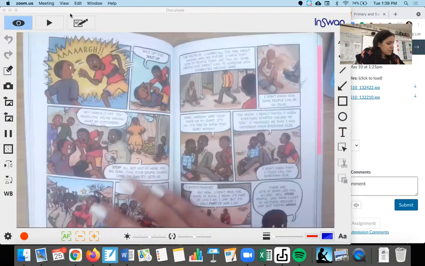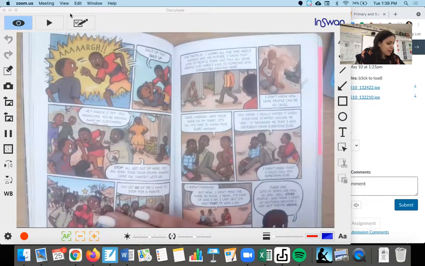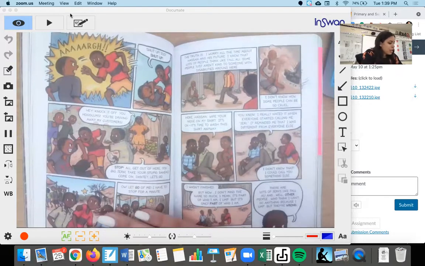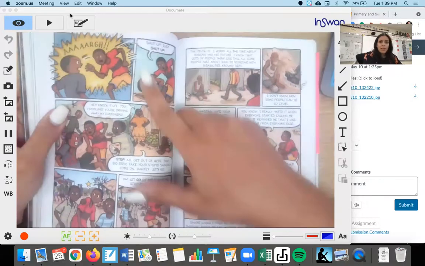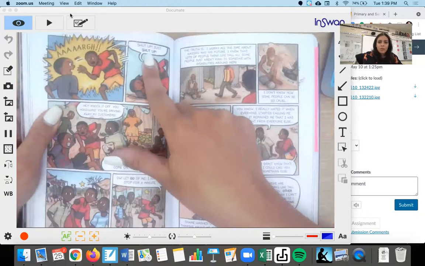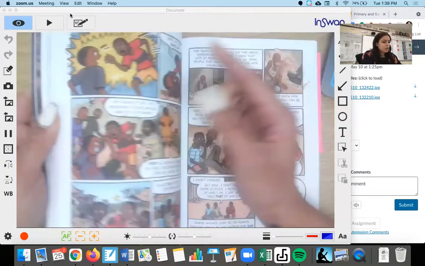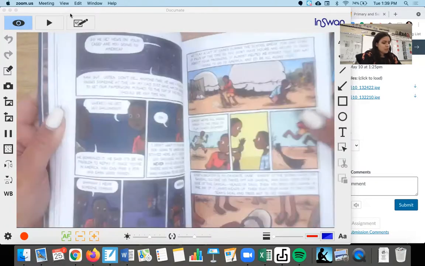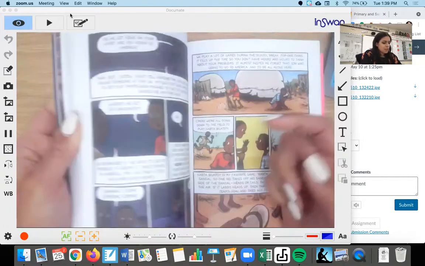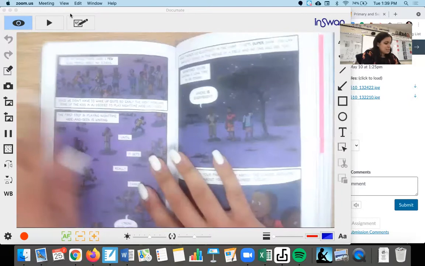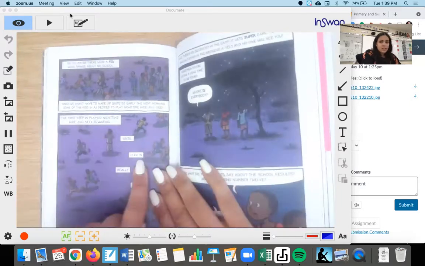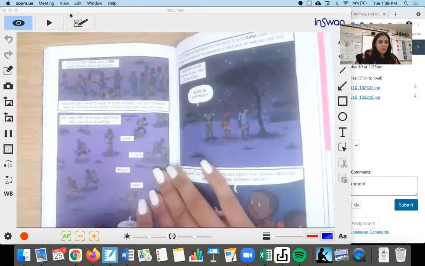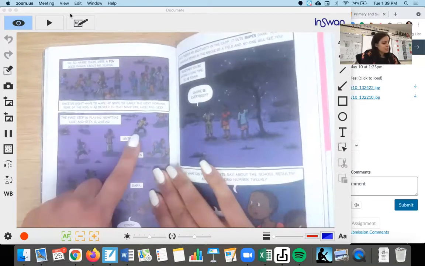I was using this as a way to help my thinking. I noticed a lot while I was reading, a lot of things that the author really wants to emphasize are literally written in bold. So certain words that the character might emphasize or be thinking are in bold. These pages always interest me. Do you notice how some of the captions are broken up into pieces?